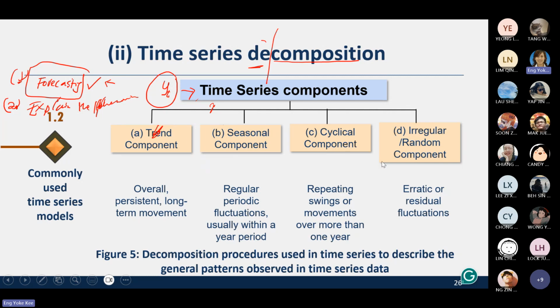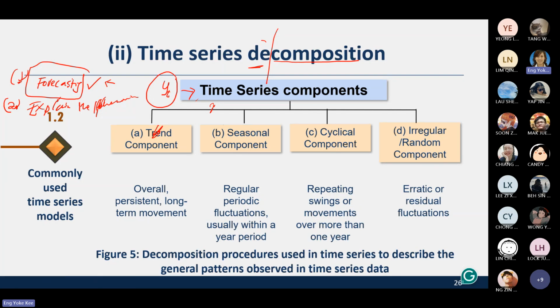But these are the four most commonly observed patterns in time series data. The first one is what we call the trend component, which is the most common one. Then you have the seasonal component, the cyclical component, and the irregular component. Any time series data will surely consist of at least one common pattern here, and these are the four common patterns that you normally see.